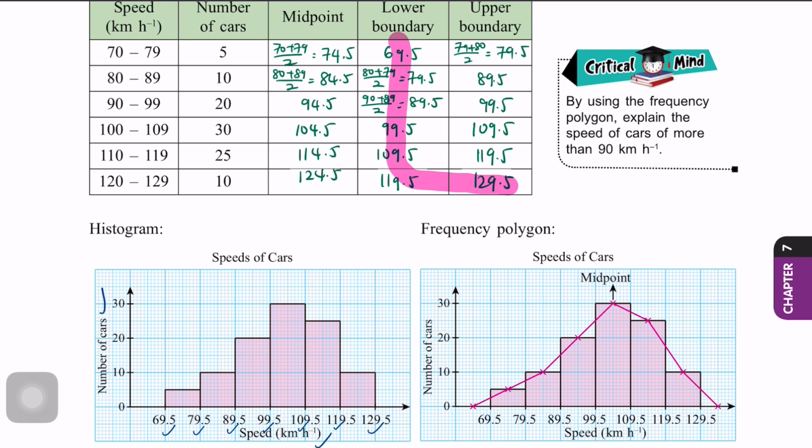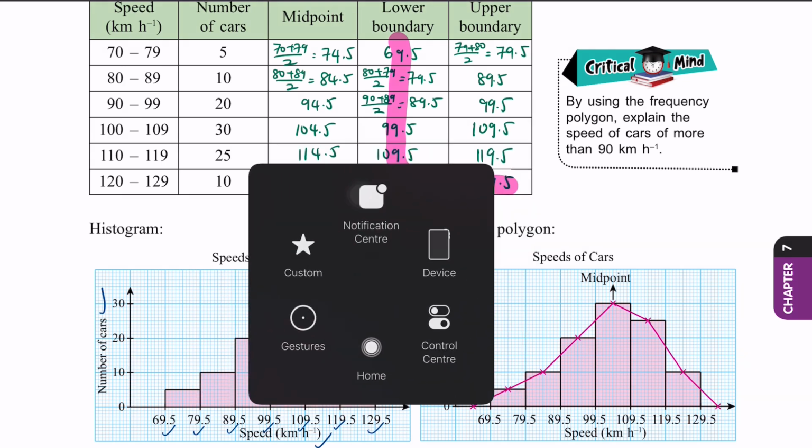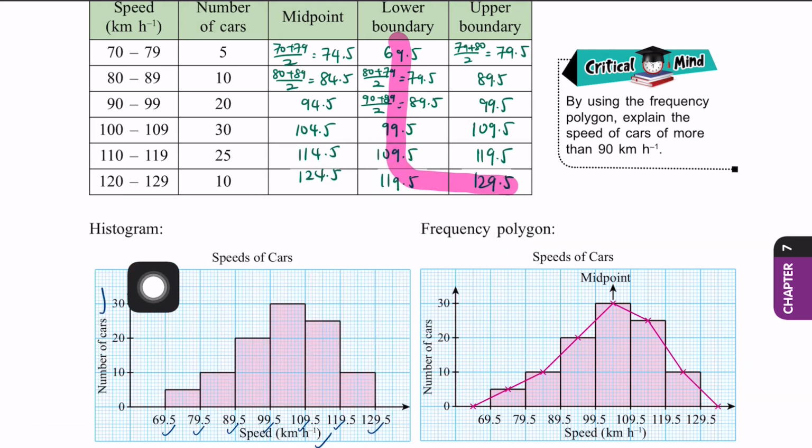Okay, now how to draw frequency polygon. Okay, so frequency polygon boleh dilukis daripada histogram ni tadi. Cuma so for frequency polygon, aim kita adalah midpoint dia. Okay, midpoint. So saya conteng di sini.